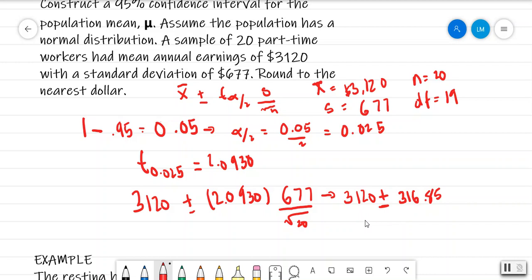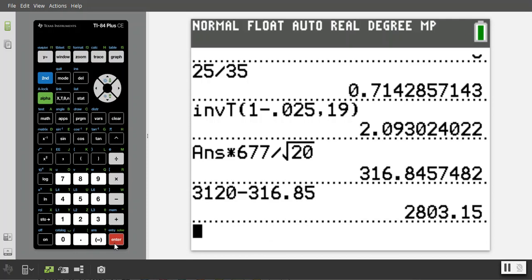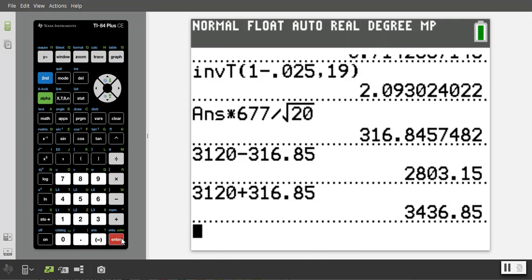Now we need to find the lower bound, so essentially we take 3,120 minus 316.85, and that gives us 2,803.15. We might as well do the other portion too, where we add 316.85. Mind you, the question did say to round to the nearest dollar.